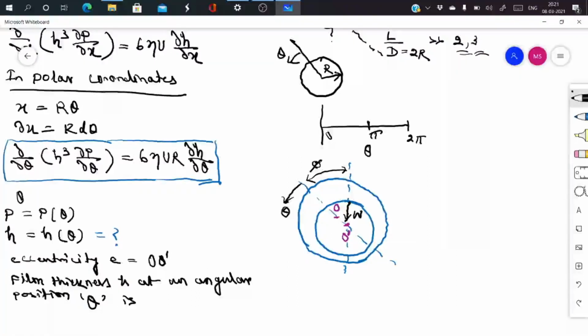So let me take some theta here at an angular position. I want to measure the film thickness.